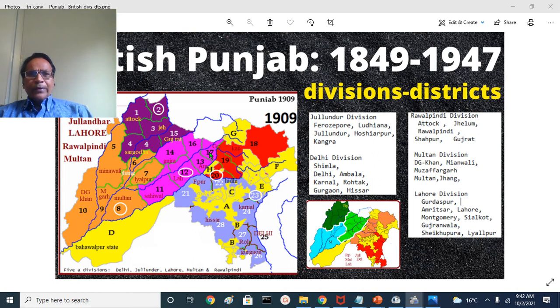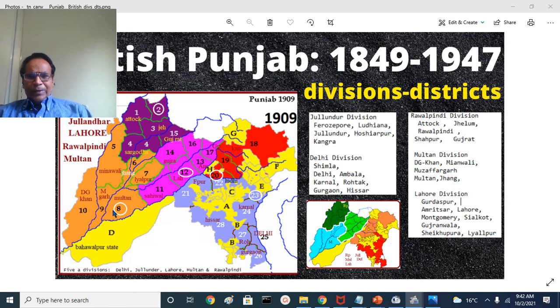Then the Lahore district here, the capital of British Punjab, Lahore district. The Lahore and Kasur and so on.